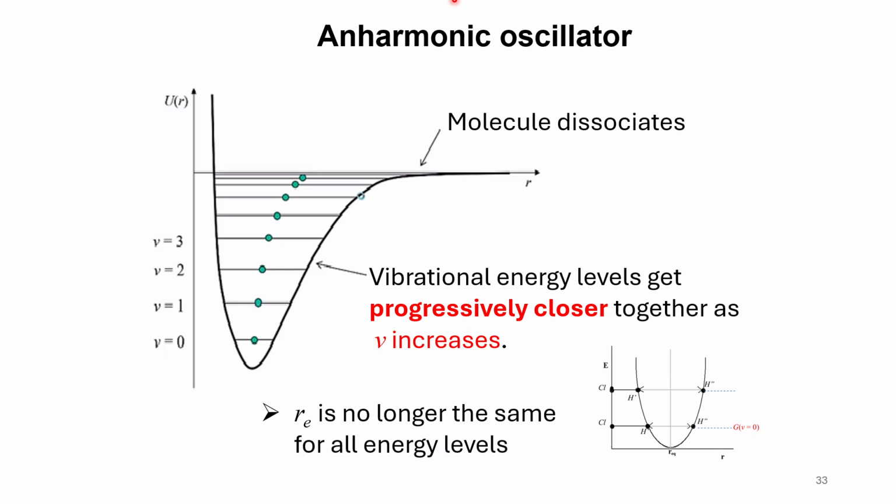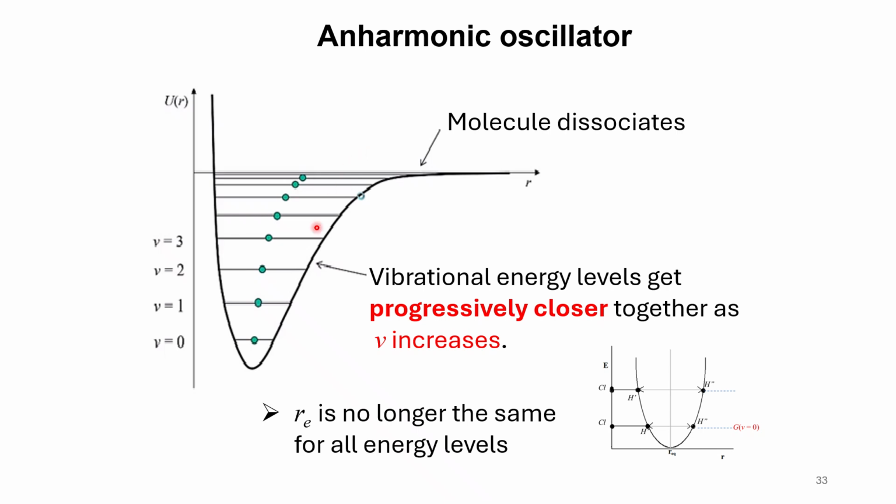So if we compare the potential energy curve for the harmonic oscillator with the anharmonic oscillator, then we will realize a few features. Number one is that the molecule will dissociate in the anharmonic oscillator. Second is that the vibrational energy levels get progressively closer as the vibrational quantum level increases.